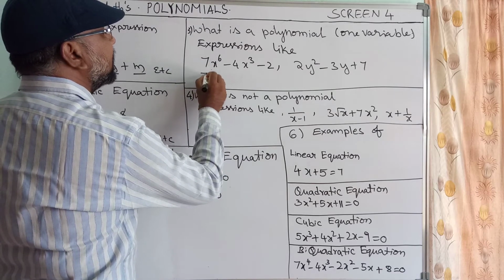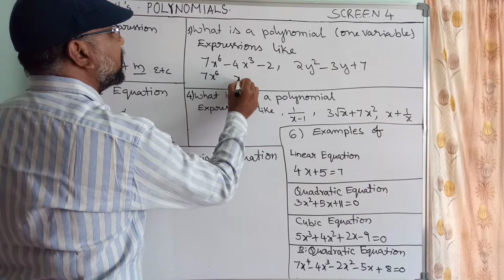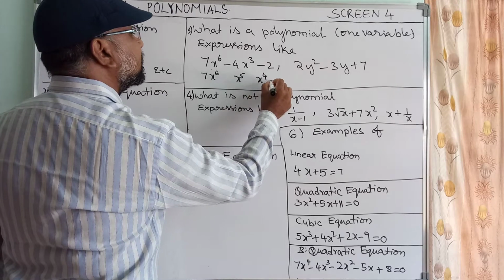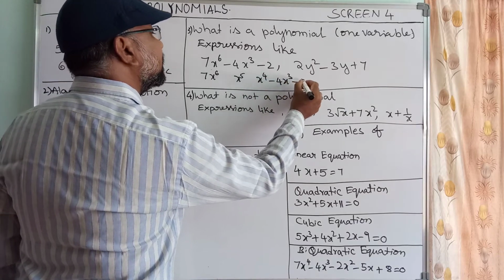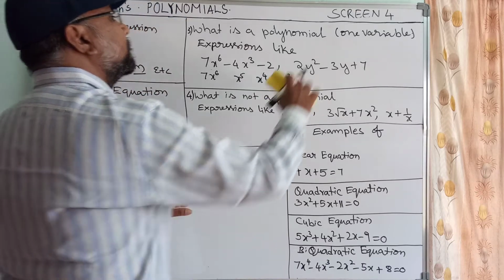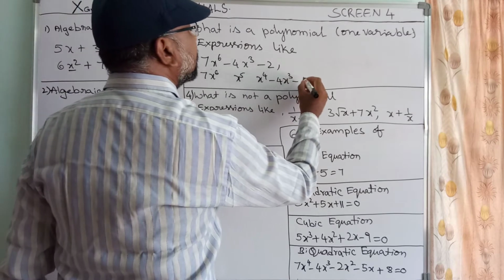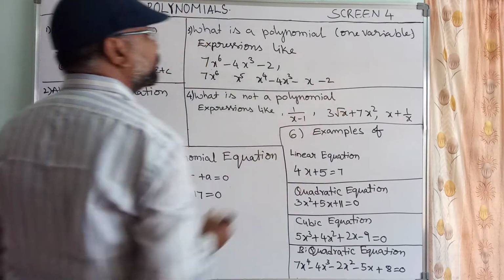Therefore, here 7x power 6, and there is no x power 5, and there is no x power 4, but there is x power 3 minus, and there is no x also, and we have minus 2.